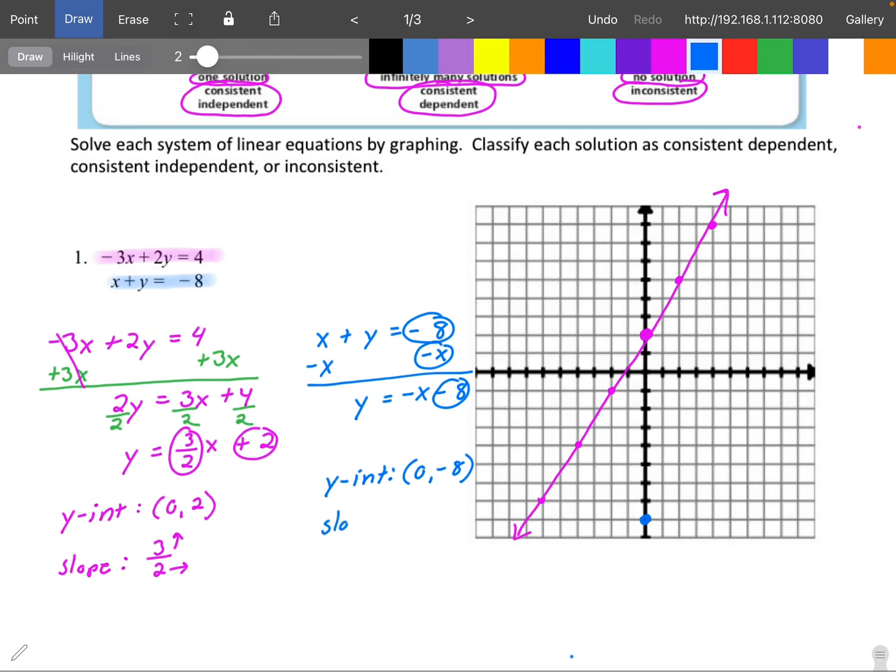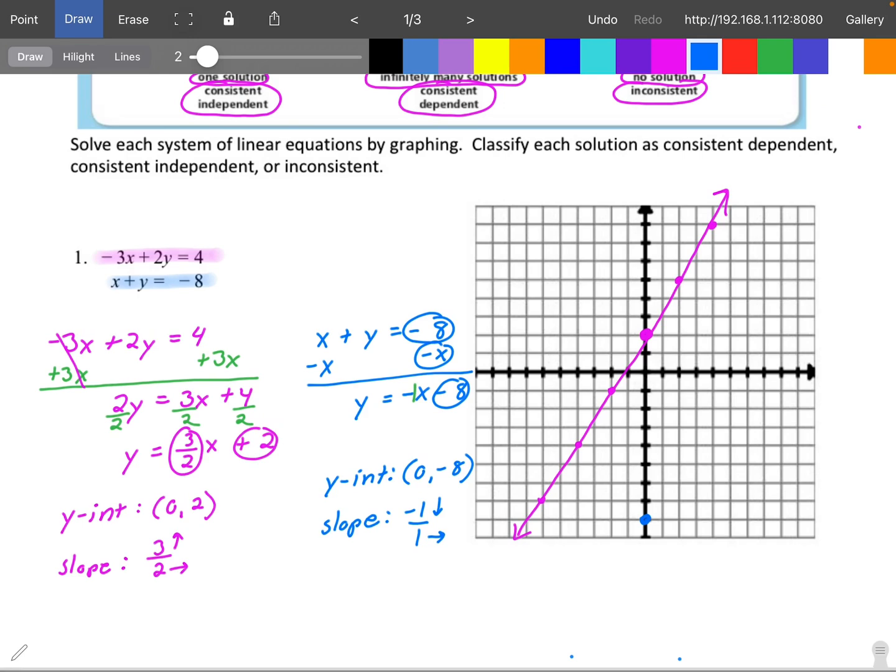And then from that point, I can count my slope, which is, remember, this is an understood 1 in front. Therefore, my slope is -1. Now, I'm going to put that over 1 to make it a fraction because I need a fraction to count my slope. Since the top number is -1, that's down, and the bottom is +1, so that's to the right.